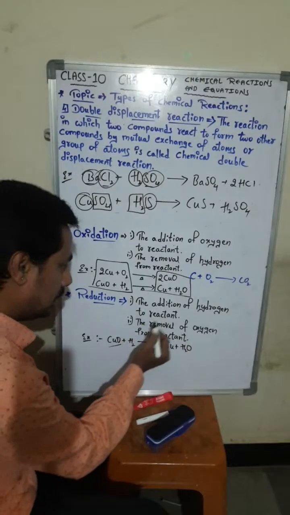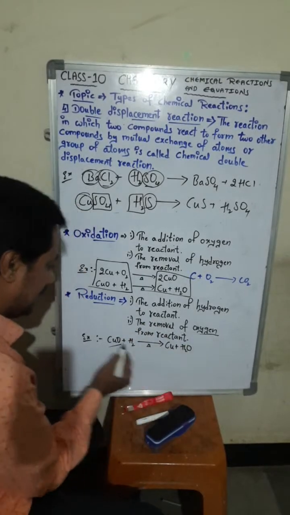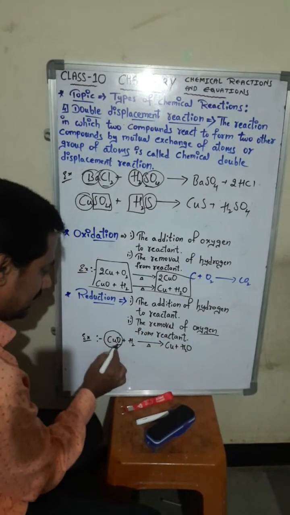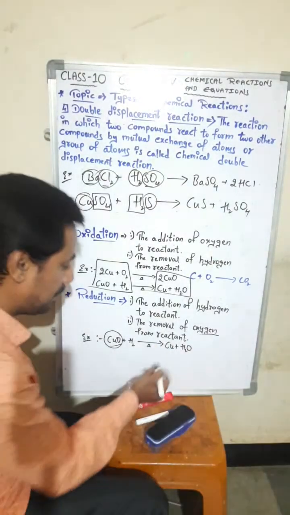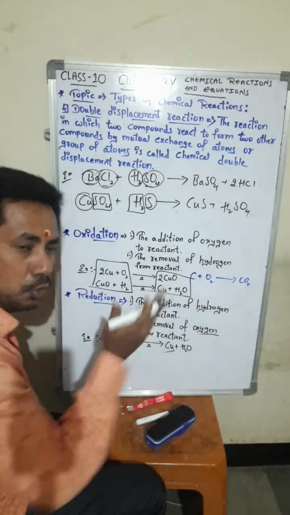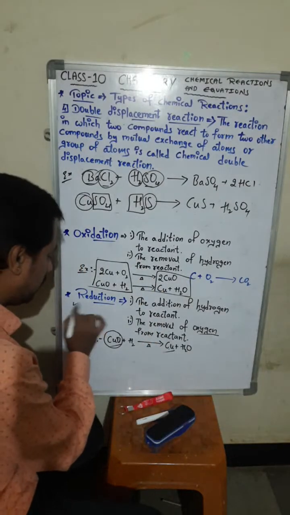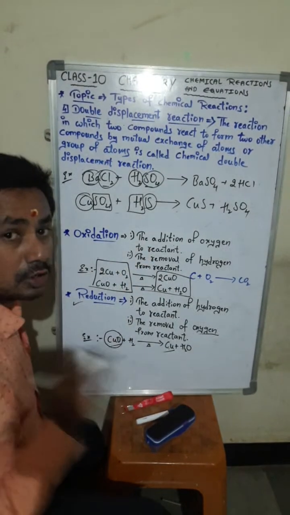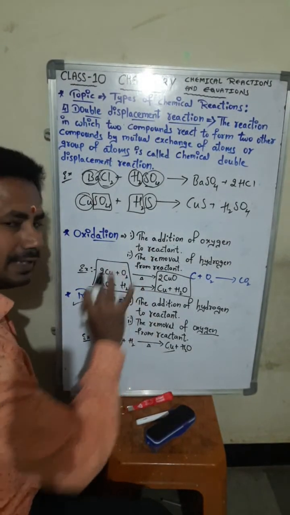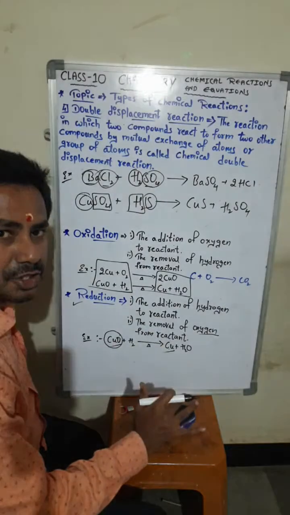See, removal of oxygen is there. CuO and Cu is there. After the reaction, Cu is there, oxygen is removed. So this is an example of reduction also, and also an example of oxidation. So both types happen in the same reaction.